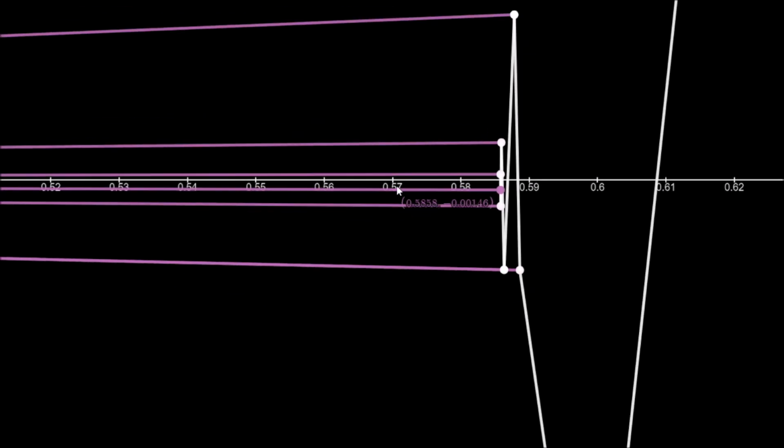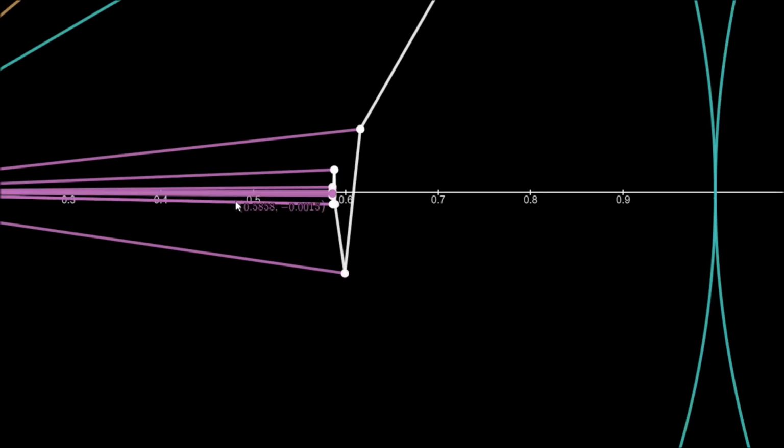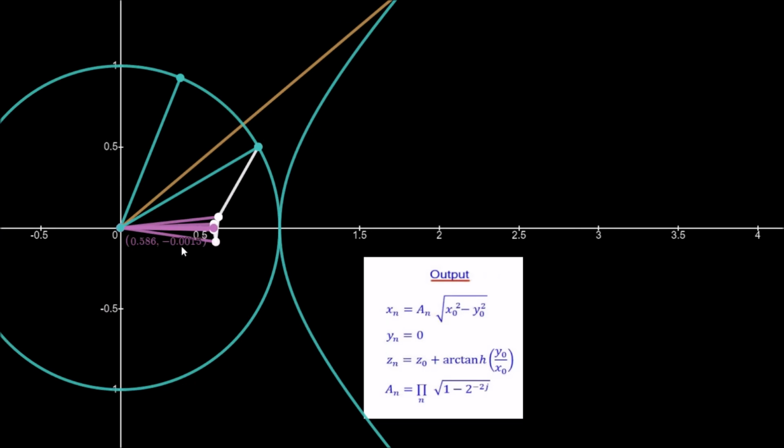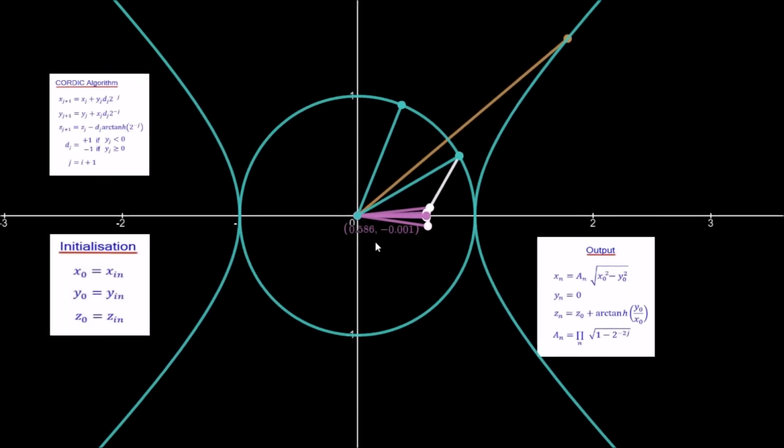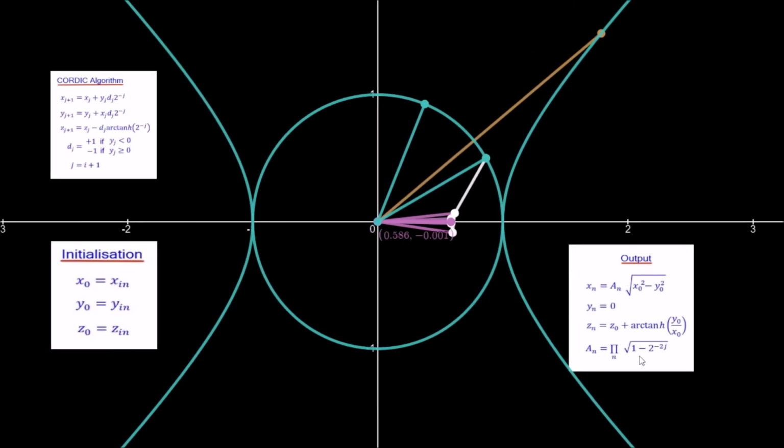So if the y value has tended towards 0, then it means that the final output here for our Zn is going to be the original angle Z0, which is our 30 degrees, plus the arctangent y0 upon x0. So let's go ahead and we'll check the values out and see if this has actually occurred.